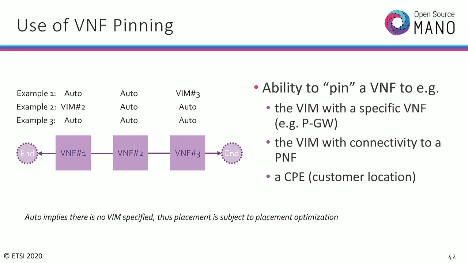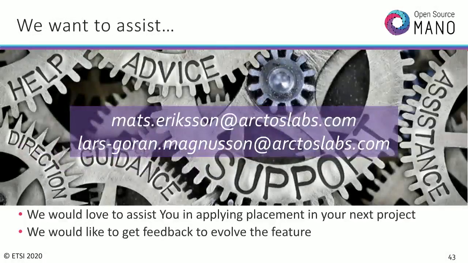And here auto means there is no VIM specified, so the optimization engine will calculate the most optimal placement of that one. And of course, this is a new feature.